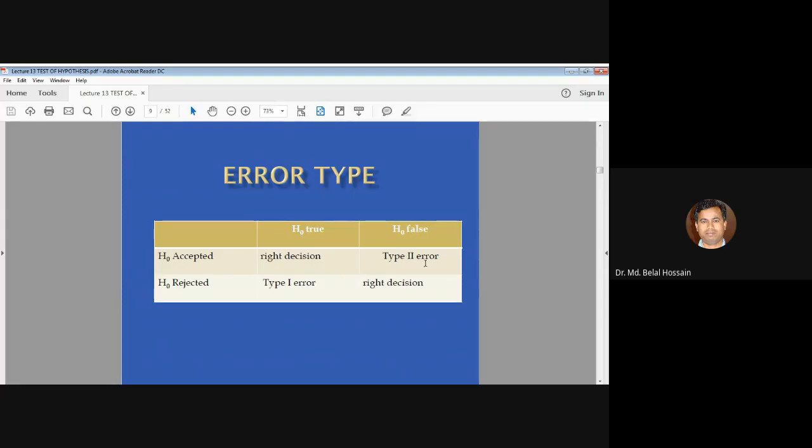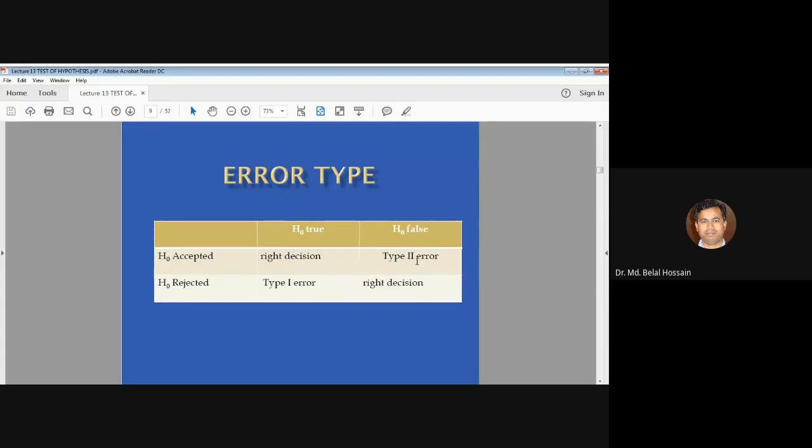What is type 2 error? False null hypothesis, you are accepting it. Okay? So do not forget to learn that when a dishonest man is freed by the court, it is also an error, but it is not of that serious type, because a guilty person is released. Okay?